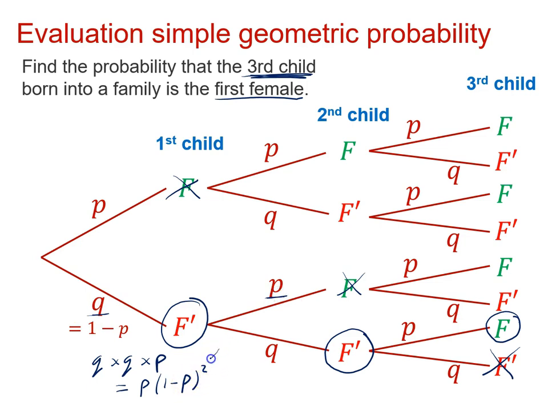So we would lose that squared and that would become a power of 1. If we had a fourth child, we would need 3 non-female children and a fourth female, so that would become a cubed. So it's really only the power of q that is altering according to the value of x.